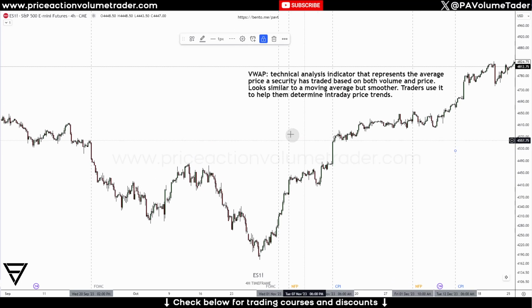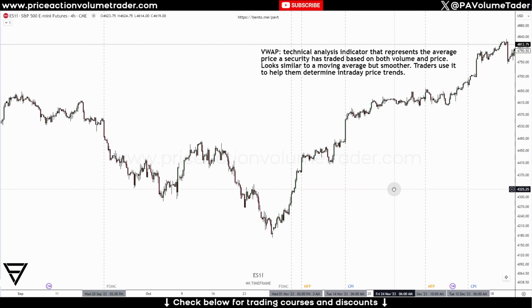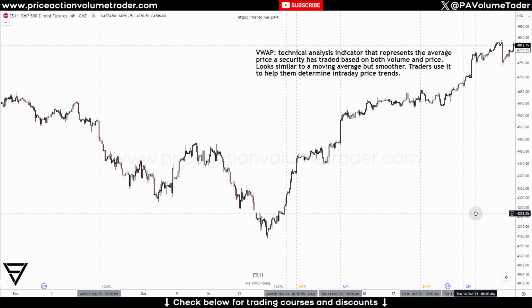As you can see on this chart, I have several vertical dotted lines, and at the bottom I have marked off the 3 major economic news events that affect the equity markets, especially the S&P 500 or NASDAQ, which are the FOMC, when the Federal Reserve speaks and makes interest rate decisions; Non-farm payrolls, which is the first Friday of every month; and CPI announcements, which have to do with the core price inflation index.